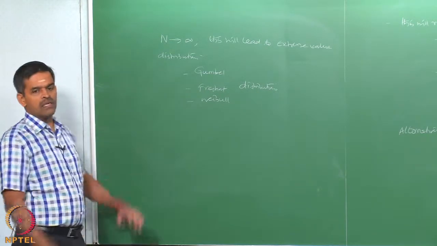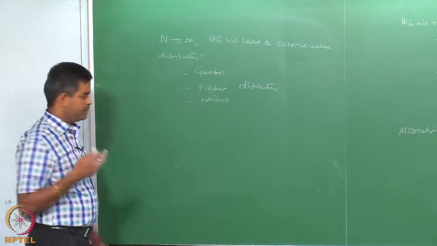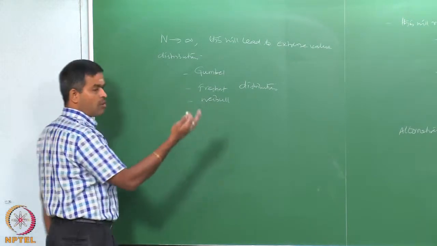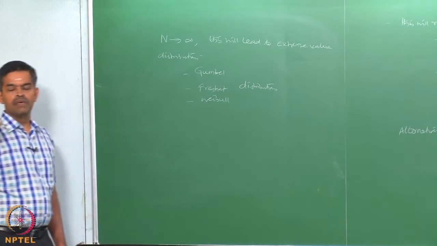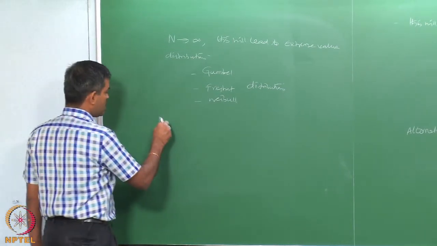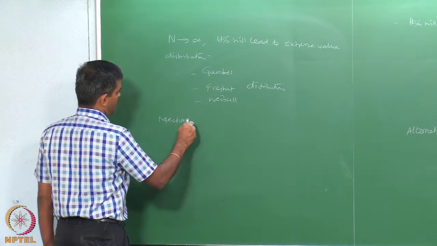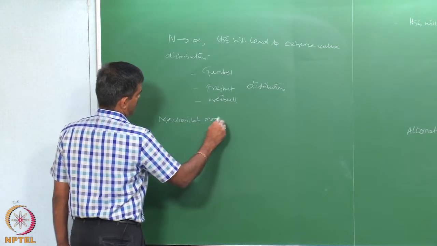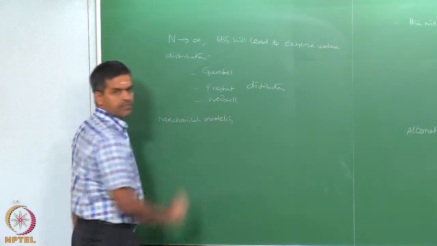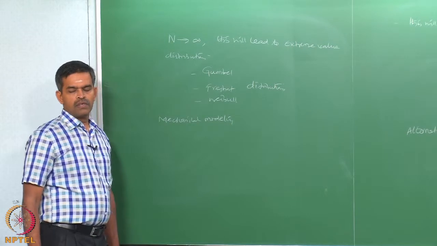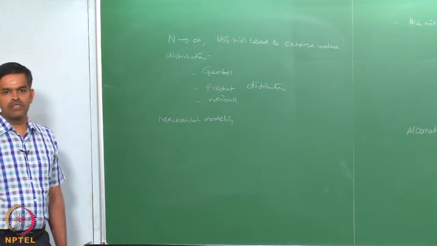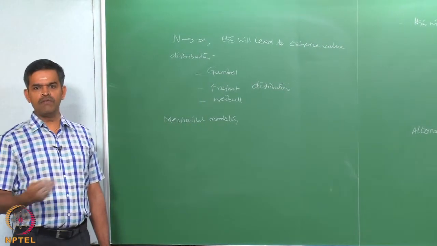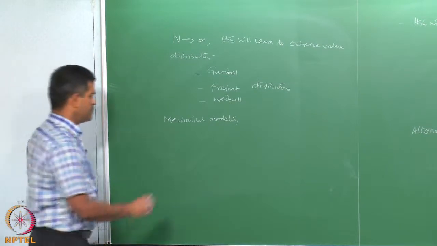Now, how to handle this in mechanical modeling? I want to actually model the event mechanically. So, can I handle this in mechanical modeling? The purpose of modeling is to construct an explanatory and predictive model of a physical phenomenon.